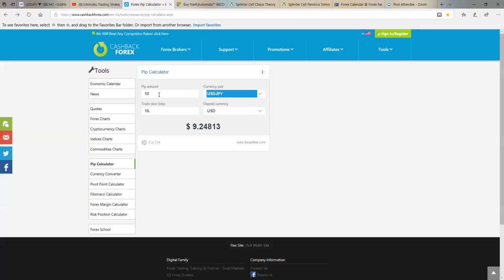Now, if you have a pretty sizable account, you can put more than $10 per point. You can put $20 per point. You just got yourself $184. It says 18.49, but you have to move the decimal point. $50 per point. You just got yourself $462 in a matter of 2 hours. $100 per point.